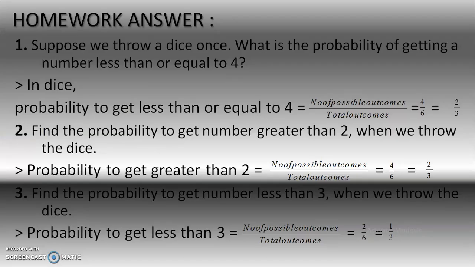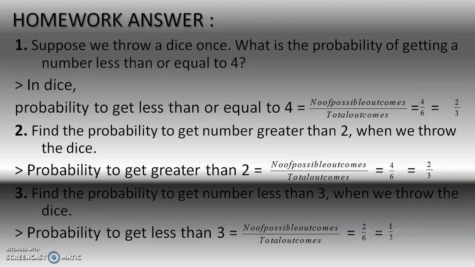Right? Homework answers. First question: suppose we throw a dice once. What is the probability of getting a number less than or equal to 4? Less than or equal to means we should include the number 4. So the outcomes are 1, 2, 3 and 4, and the number of favourable outcomes is 4.